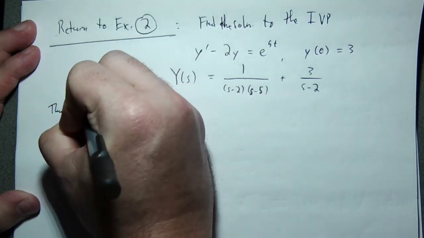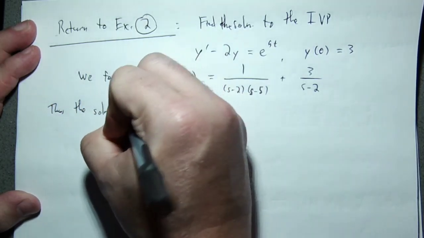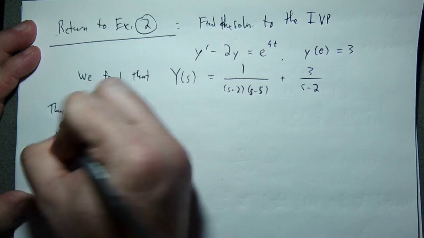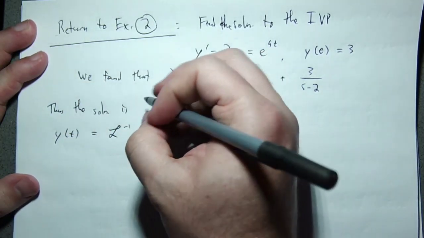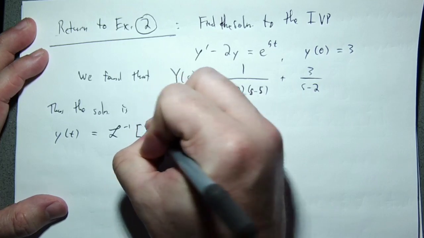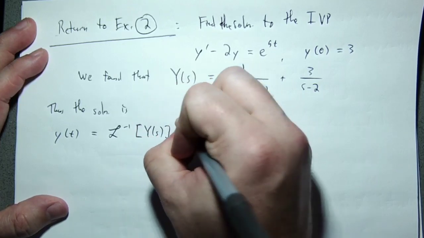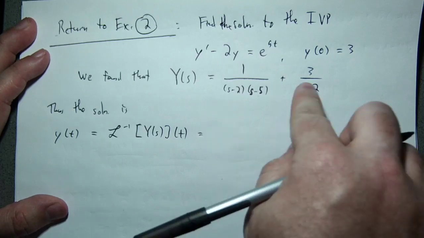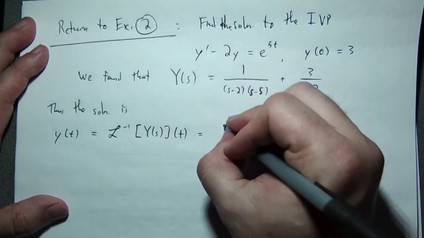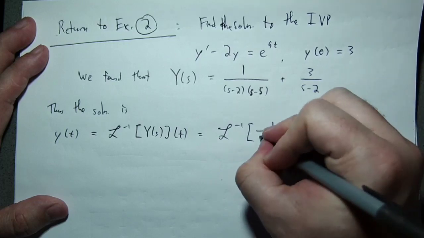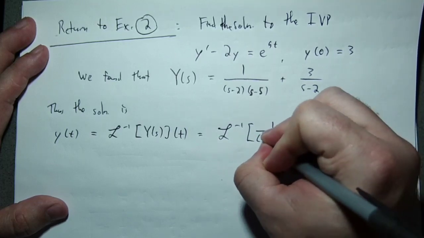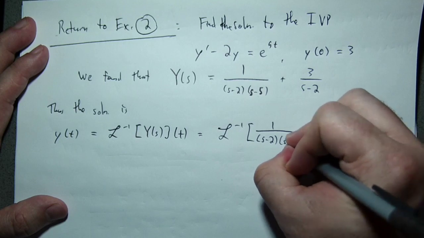Thus the solution is little y of t, the inverse Laplace transform of big Y of s. Going ahead and using linearity, this is the inverse Laplace transform of 1 over (s minus 2)(s minus 5), plus 3 times the inverse Laplace transform of 1 over s minus 2.